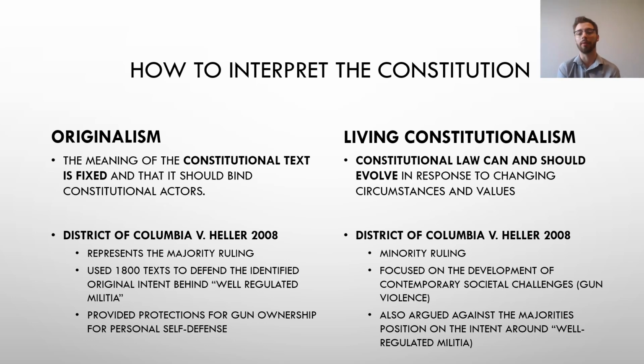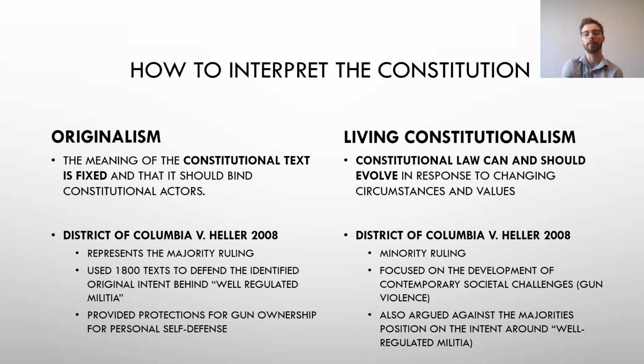We use this to interpret what they meant by a well-regulated militia. This acted as the foundation for the ruling, which did win, that provided protections for gun ownership and personal self-defense in Washington, D.C.